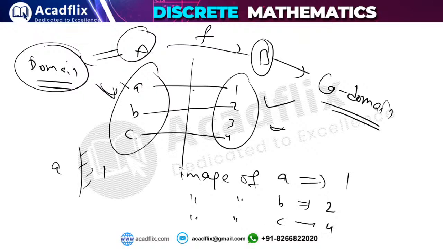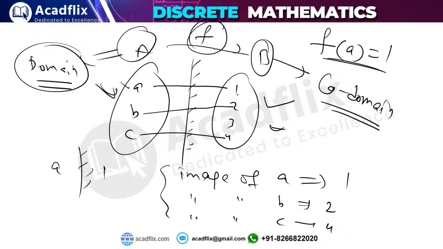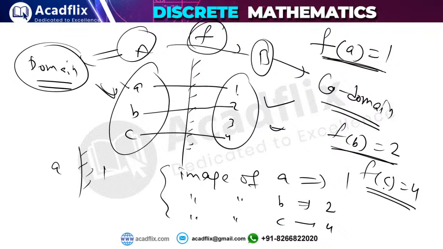Basically these are called images, like a mirror. I can write f of A means this A is related to 1 under f. So f(A) = 1, f(B) = 2, f(C) = 4, which means image of A is 1, image of B is 2, image of C is 4. Remember, this is the concept of image.